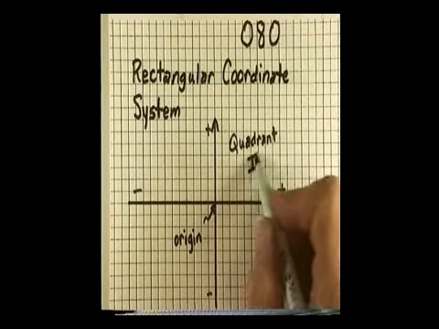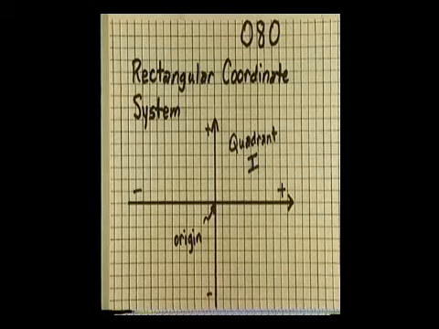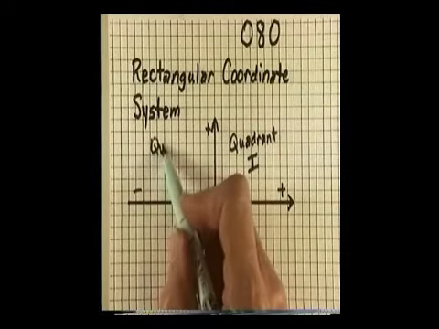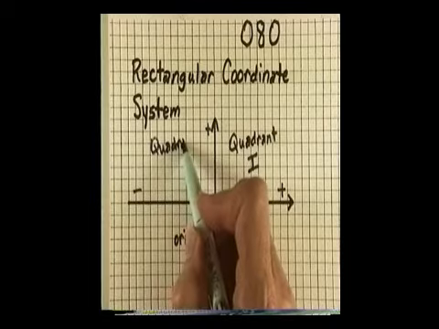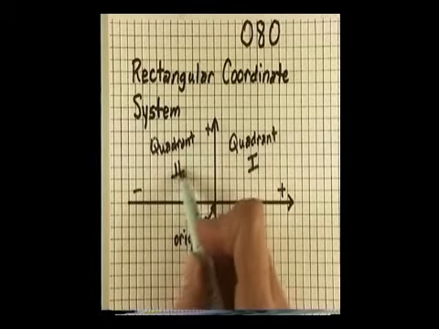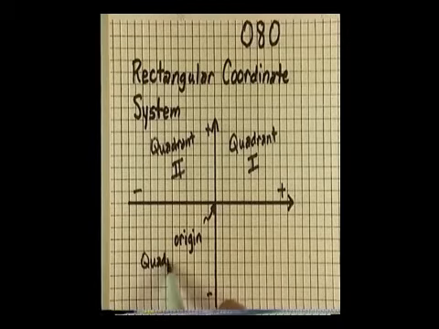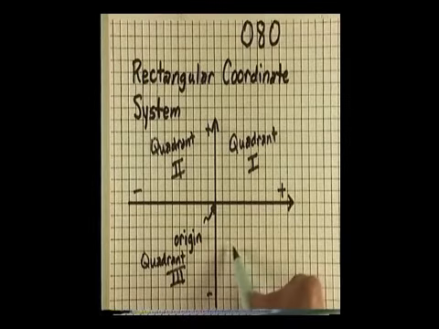We use Roman numerals to indicate the quadrants, so quadrant 1. To the left of that we find quadrant 2. Quadrant 3 is below quadrant 2. And quadrant 4 is the remaining one in the lower right.